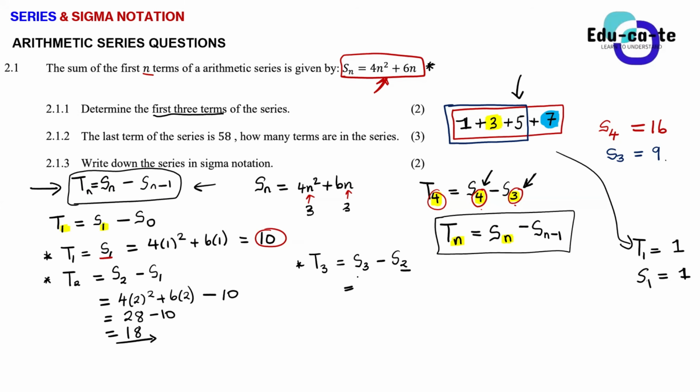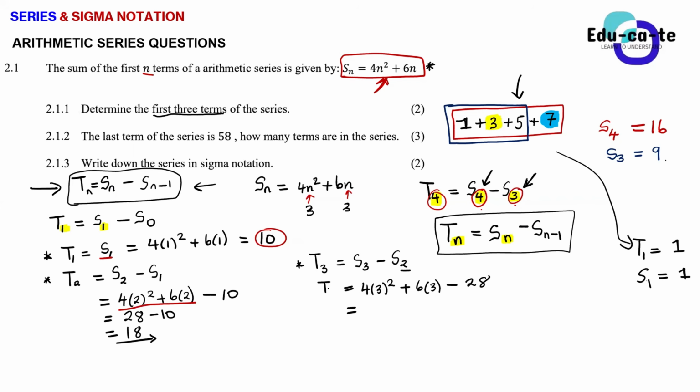So this is just going to be 4 times 3 squared plus 6 times 3 minus S2. S2, I already found it in this process where I substituted 2 where there's n. I found that my S2 is 28. So I'm just going to say minus 28. Is it fine, guys?